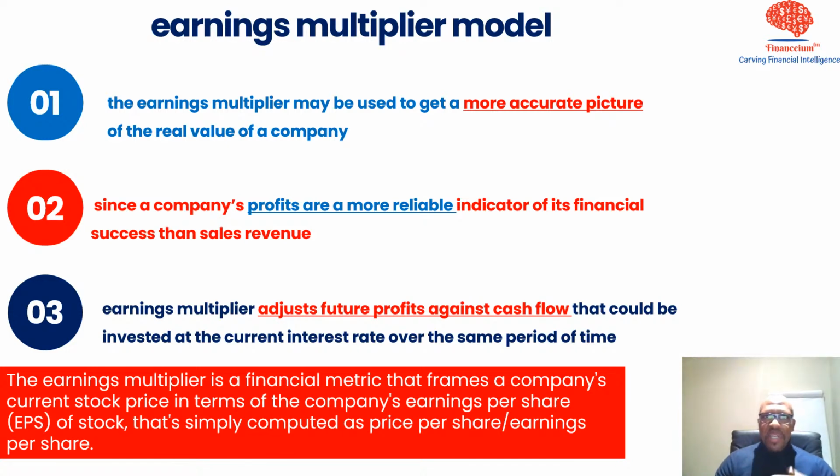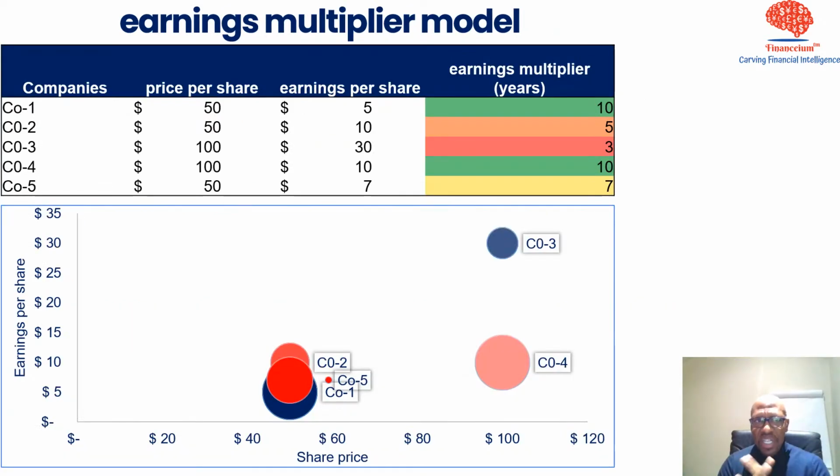Now, let's delve deeper and look at how this will look. Let's assume we've got 5 companies, company 1, 2, 3, 4 and 5, that are trading at $50 per share, $50 per share, $150 per share. But then when you look at the earnings per share, remember the earnings per share is what we retained as a proportion of shares outstanding.